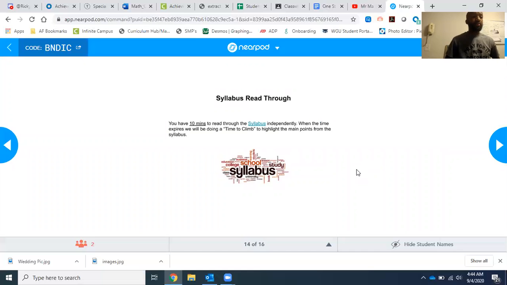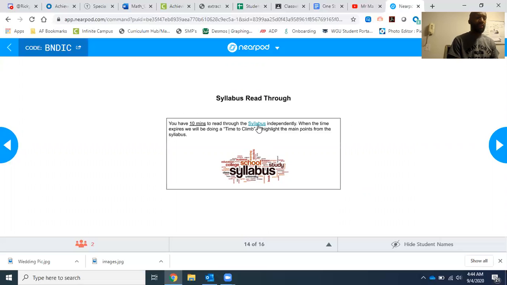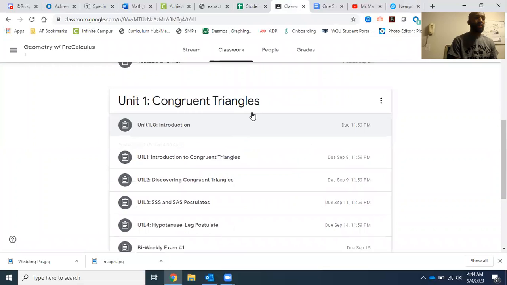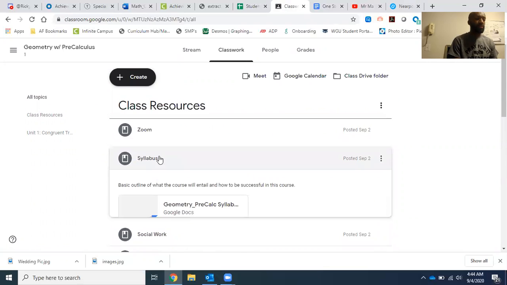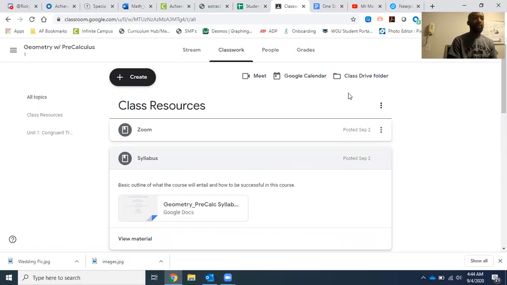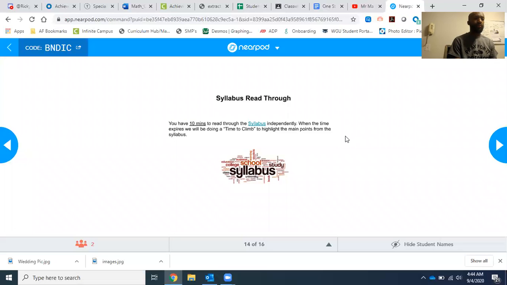Once you're finished with that, please take 10 minutes to go through the syllabus. The syllabus can be found by clicking on this link, or you can go into your Google Classroom under the tab that says Class Resources, then Syllabus. The syllabus will be right there. Either one will work.